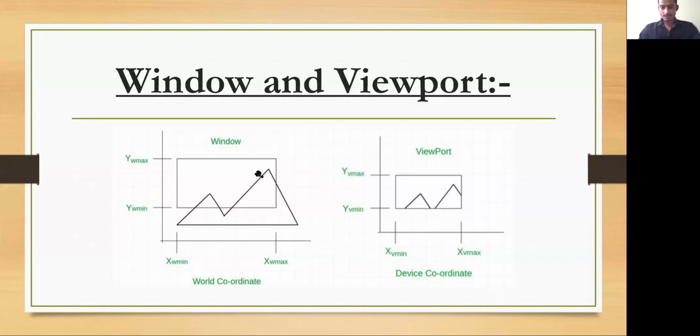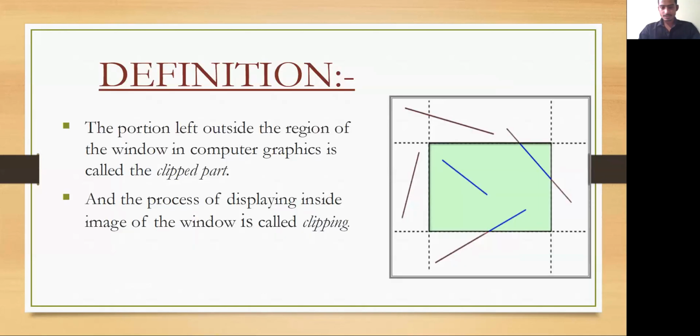After that, we come to the definition of clipping. Before that, there is a small definition of the clipped part. The portion left outside the region of the window in computer graphics is called the clipped part.